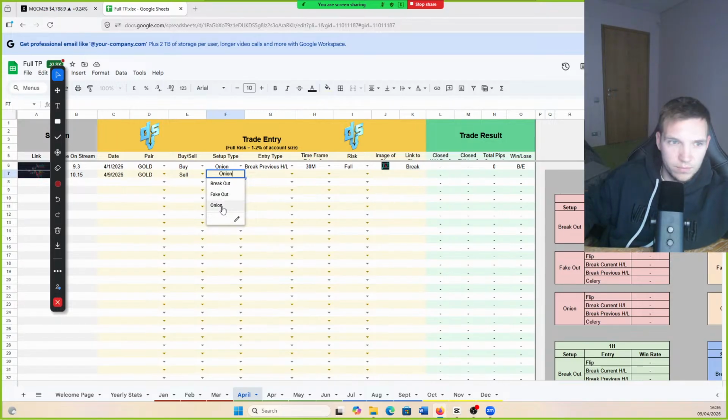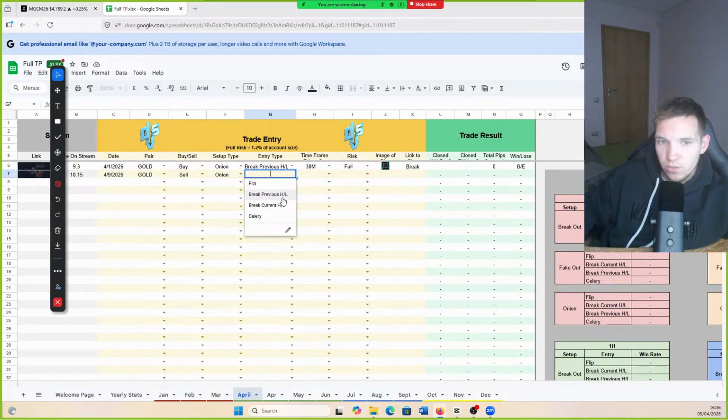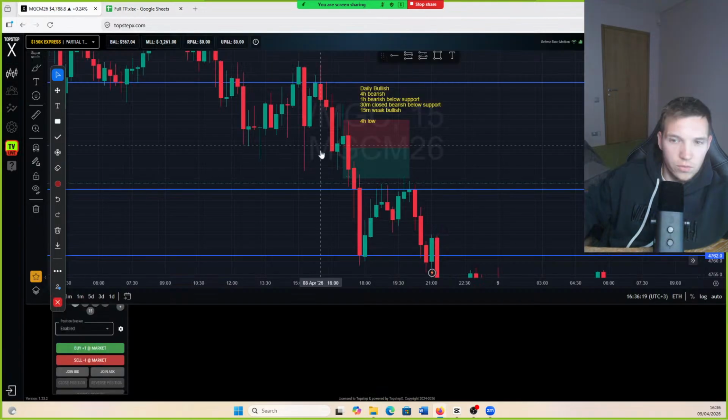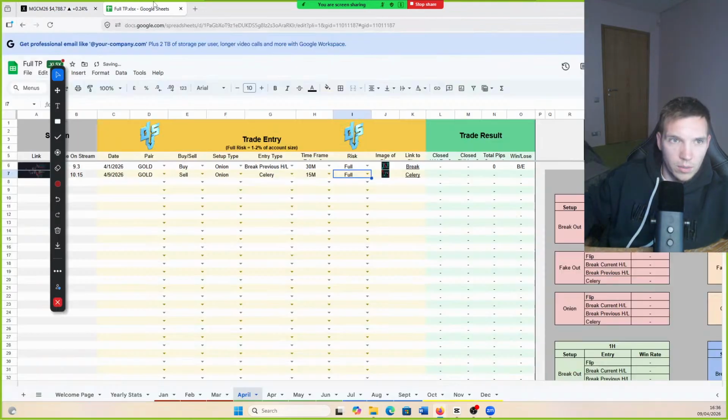I just call them sell off resistance or buy off support. And then we took it on the break of previous. Oh no, this is actually 15-minute. So yeah, let's do it that way. Time frame 15 minute. Yeah, the picture was 15 minute.